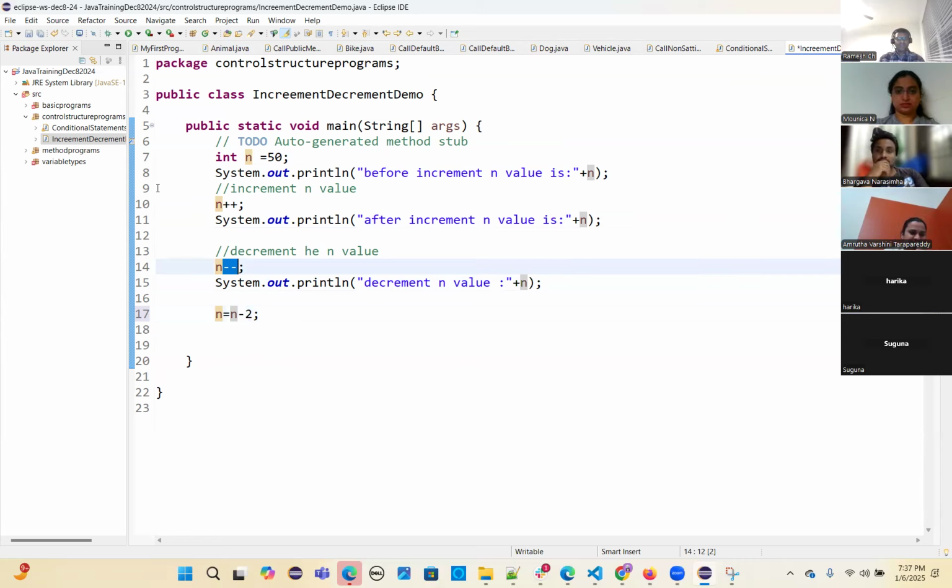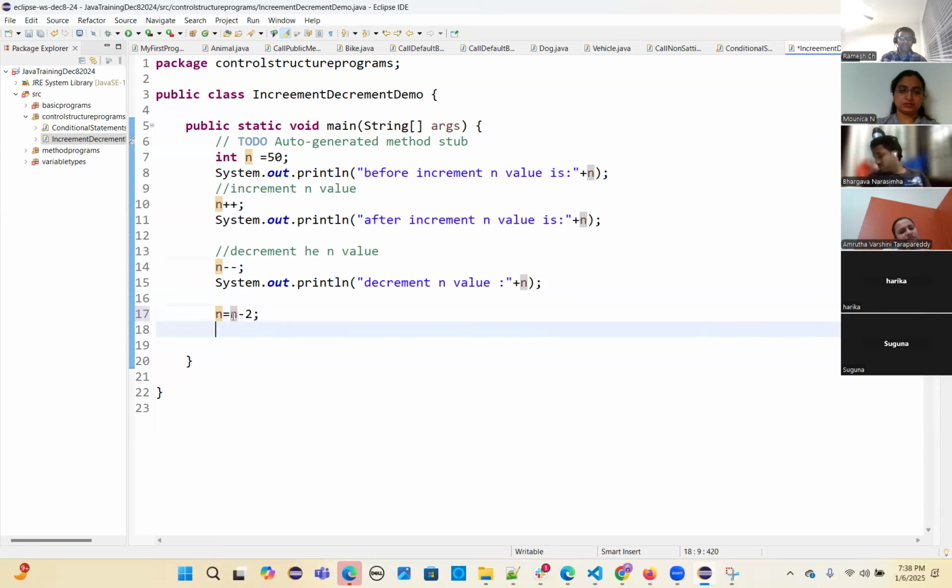If I want more, I can do it another way. But if you use plus plus, it always increments by 1, and minus minus always decrements by 1. Remember that.